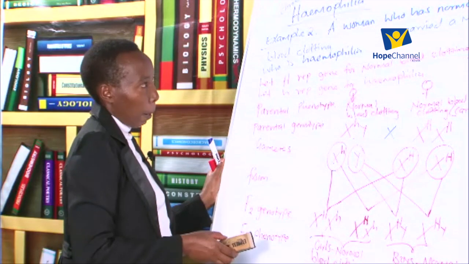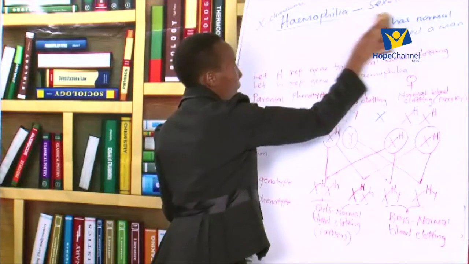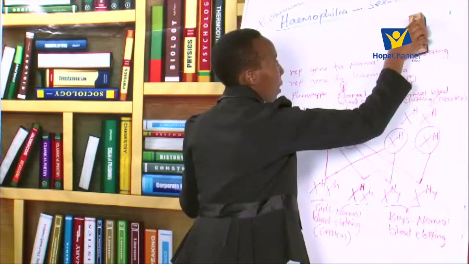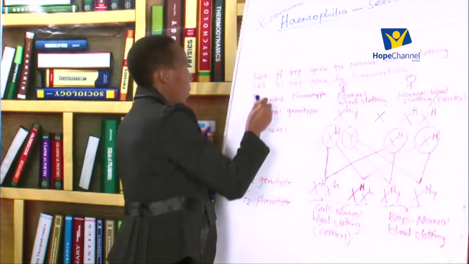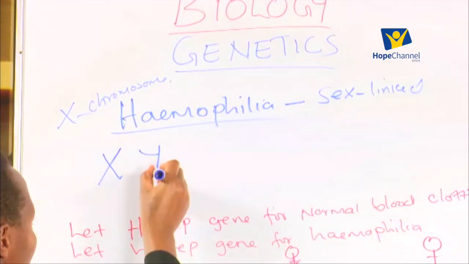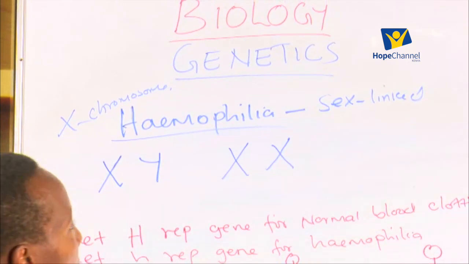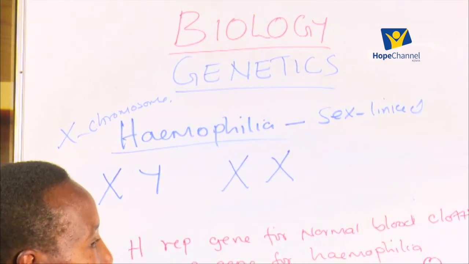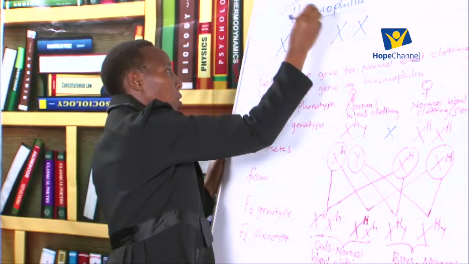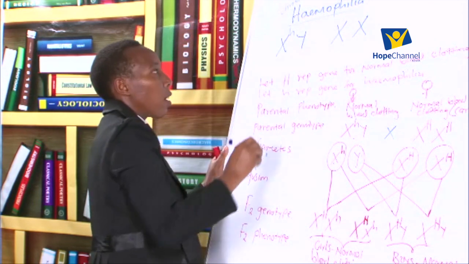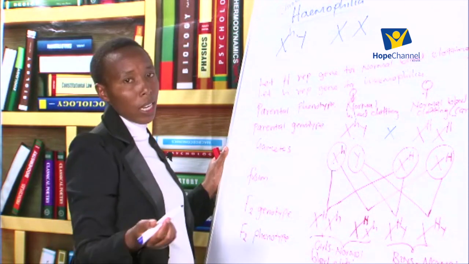Remember what we said, that boys have one X and one Y. For the girls, they have two X. And because the gene for hemophilia is only carried on the X, it means if the boy is having the condition, then that gene is on the X chromosome. So the boy cannot avoid being hemophilic.